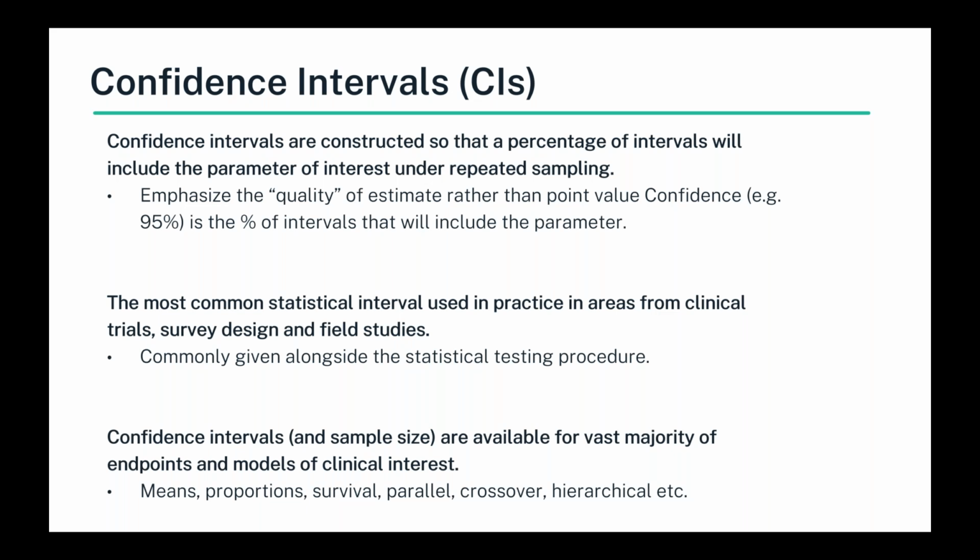This is used explicitly in equivalence testing, where you check if the confidence interval is contained entirely within the equivalence bound. And again, it always helps because confidence intervals are so common and well established. Sample size methods are available for almost all common endpoints like means, proportions, survival, crossover, correlation coefficients, etc.